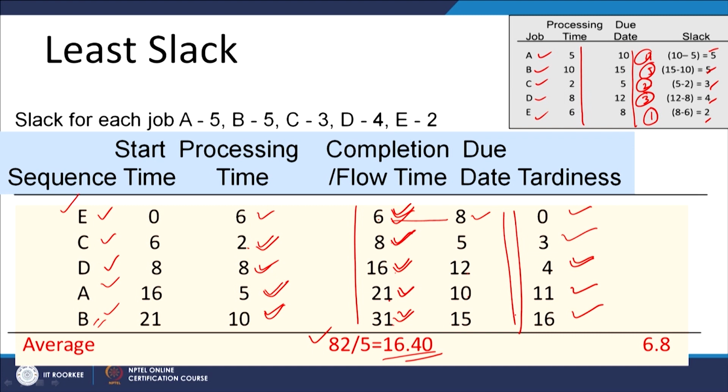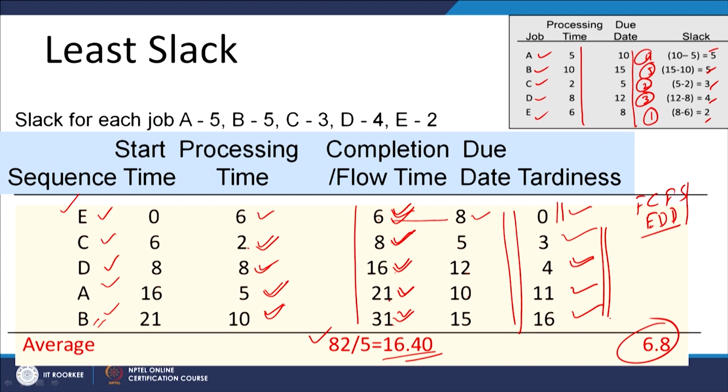In this case, if we compare with the last two cases where we used the first come first serve and the earliest due date rules, we found that two jobs had nil tardiness, but in this case we have just one job with nil tardiness, while the number of jobs having tardiness has increased. So, it is not that good, and the average tardiness has also increased.